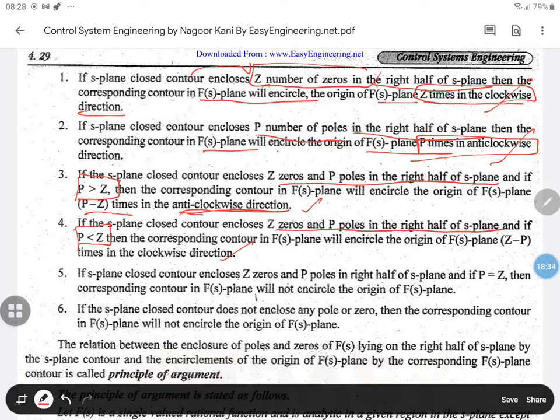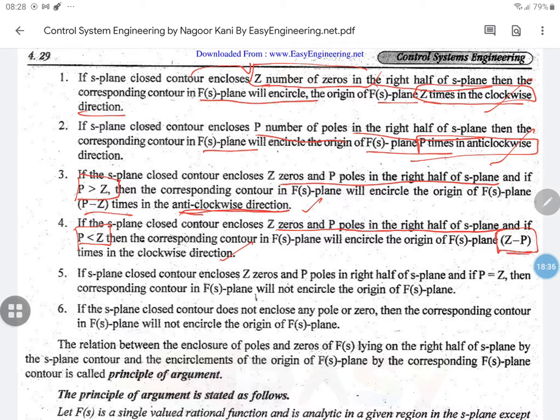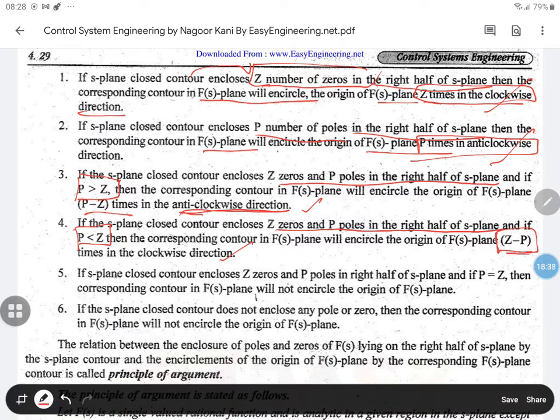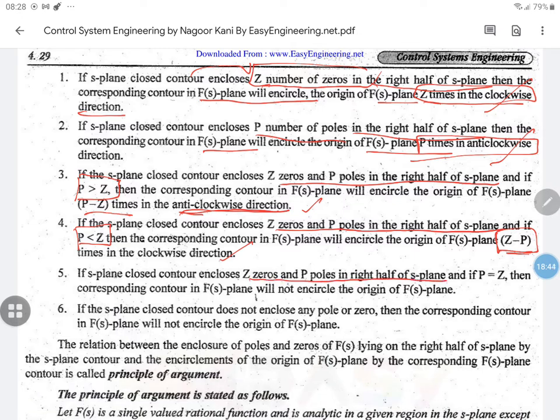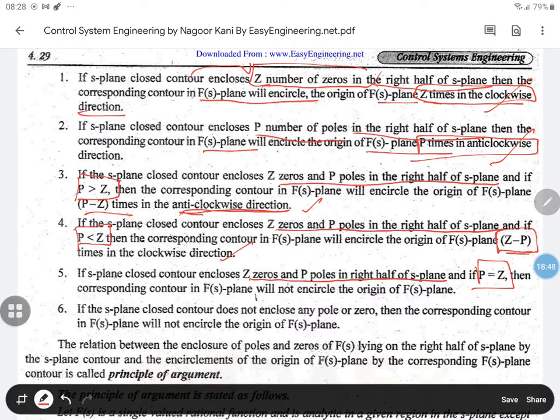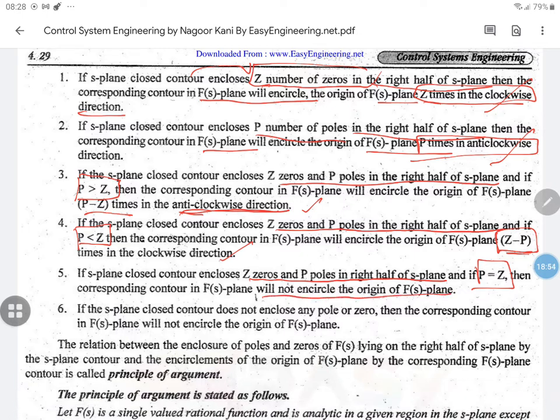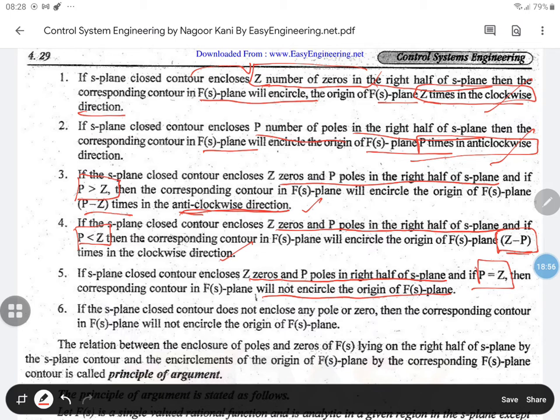So the number of times is Z minus P times. Simple. Next, if the S-plane closed contour encloses Z zeros and P poles in the right half of the S-plane, and if P is equal to Z, then the corresponding contour of the F(S)-plane will not encircle the origin. Thus there will not be any encirclement.